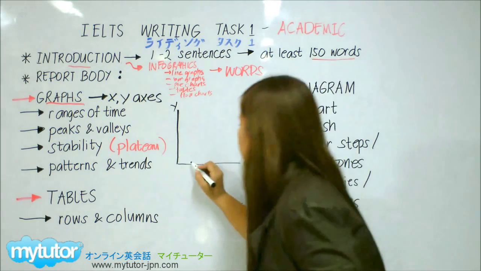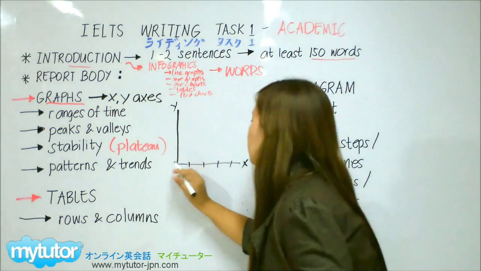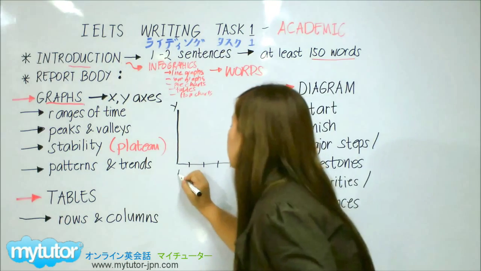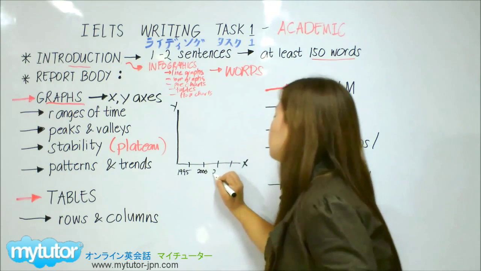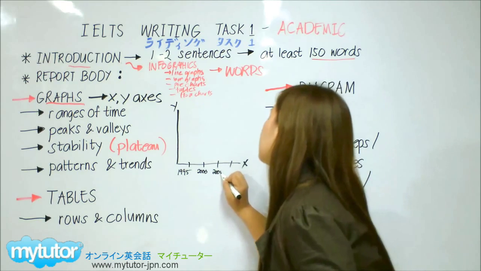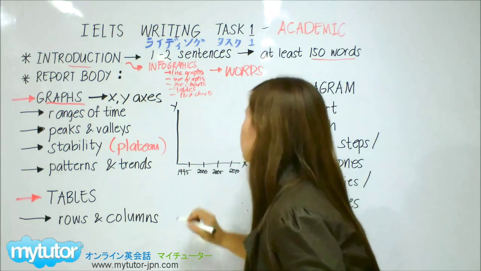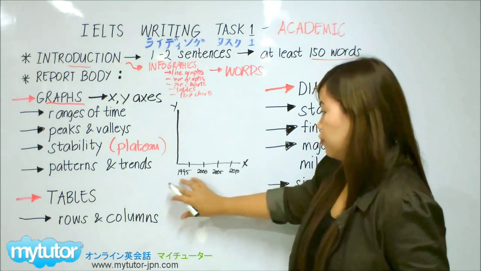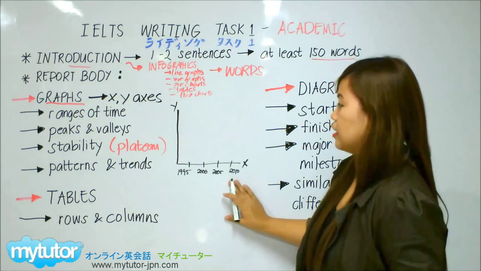Say for instance, okay, in the x-axis our information are the years. So we have a 5-year range here. 1995, 2000, 2005, and 2010.